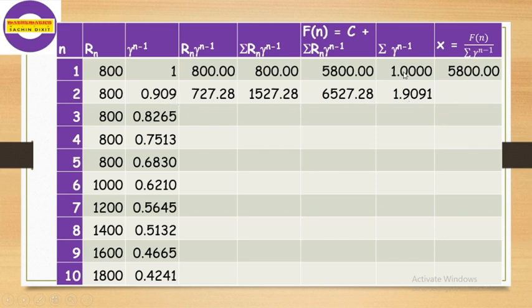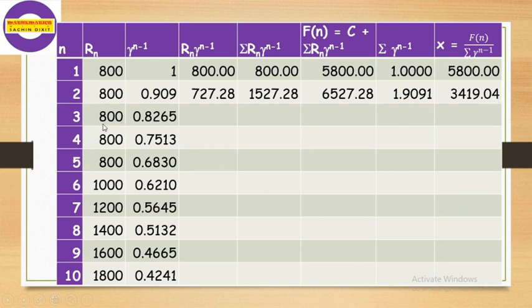Then we add this. To find this average cost, we divide 6527.28 by 1.9091. So we get 3419.4.